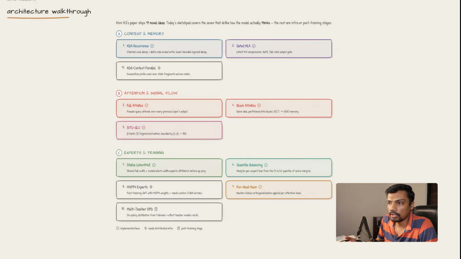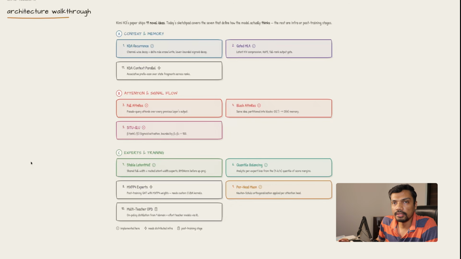Group B is attention and signal flow: full attention residual and block attention residual. And group C is expert and training: stable LatentMoE, SiTU-GLU, Quantile Balancing, MXFP4 experts, per head Muon, and multi-teacher OPD.